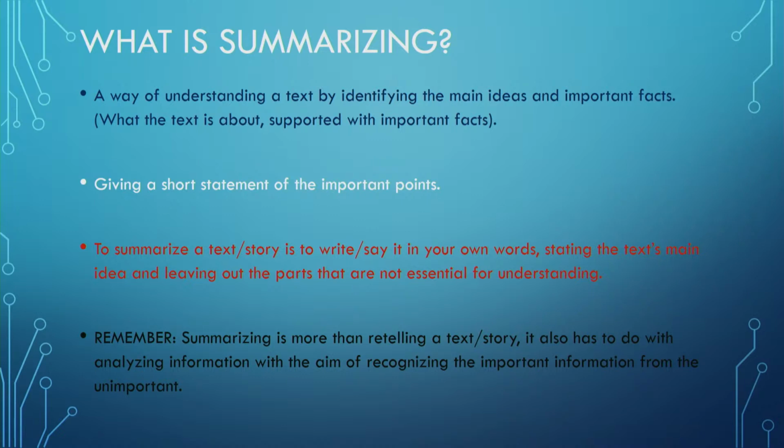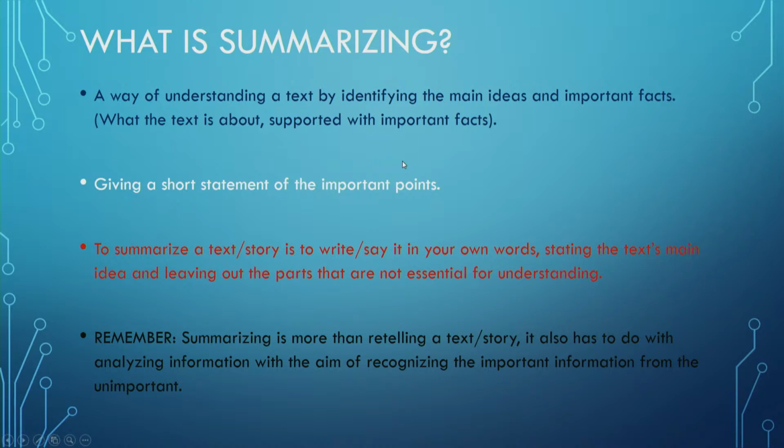Then, the second definition says summarizing is giving a short statement of the important points. So can you see, here's that word again, important points, here important facts, and we have short statements. So you have to see the link between the different definitions.